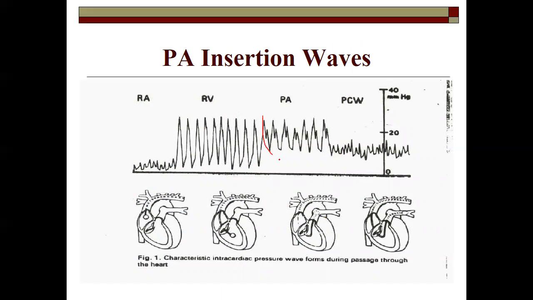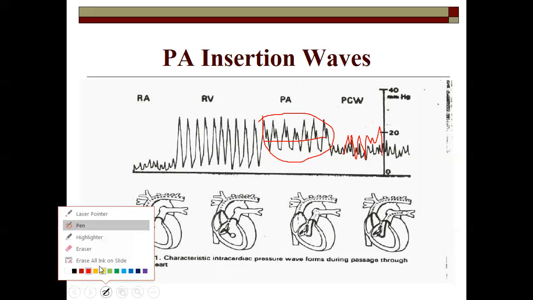If you have this PA waveform, and this is what you've been seeing the whole time, and then all of a sudden we have the same waveform, it's the same PA waveform, it's just dampened, right? It's just low.